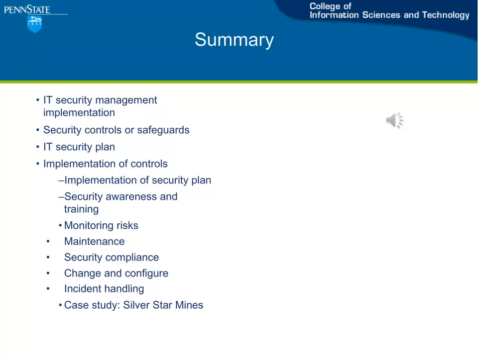Talked a little bit about an IT security plan and what that entailed and what it looked like. And then the implementation process, how you actually put these actions into words and deeds and actually implement them to see if you can improve on the security situation that exists, minimize some of the exposure, things of that nature.